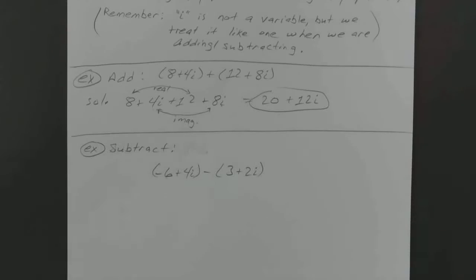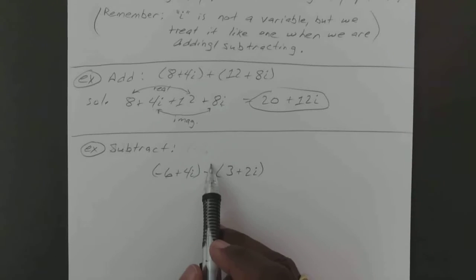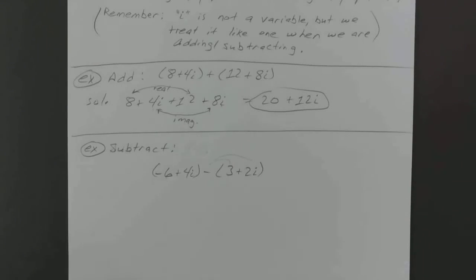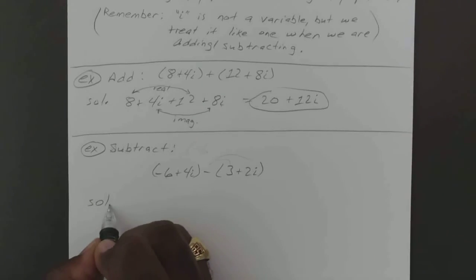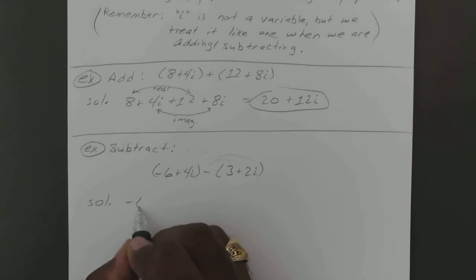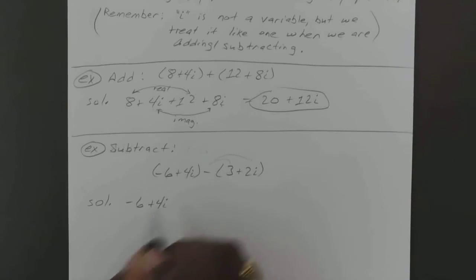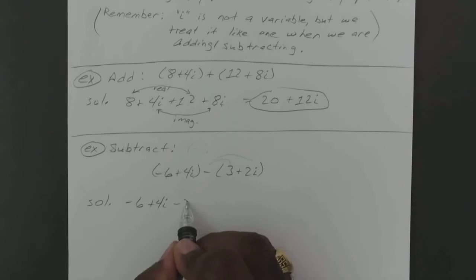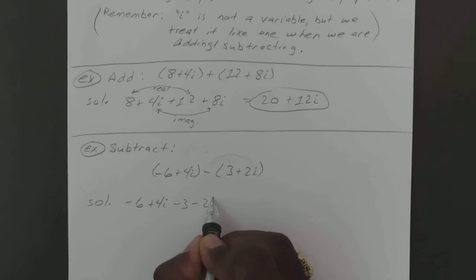Just like if you had a variable there, you'd have to distribute the negative. So you have negative 6 plus 4i minus 3 minus 2i.